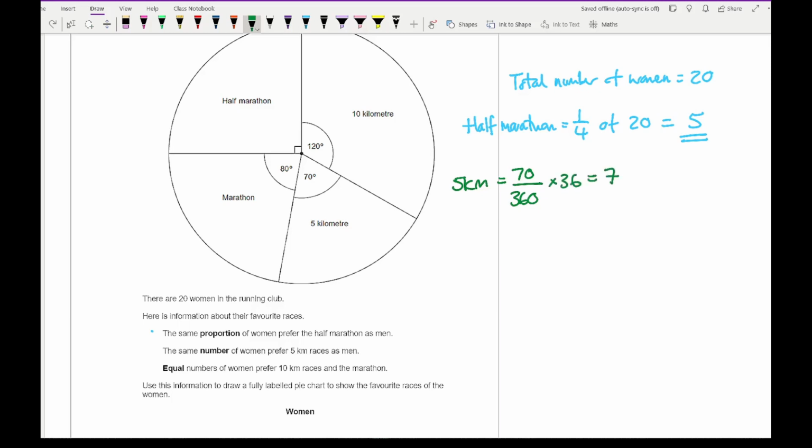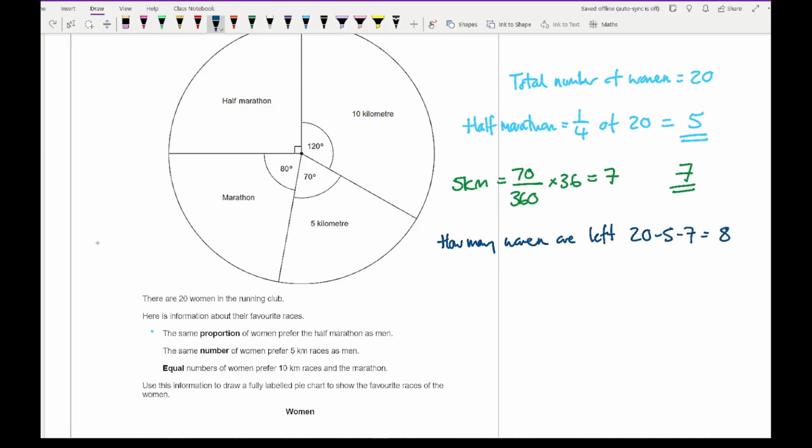So for the 5k, it's going to equal 7. So from this, how many women are left? Well, 20 minus 5 minus 7 is going to give me an answer of 8.